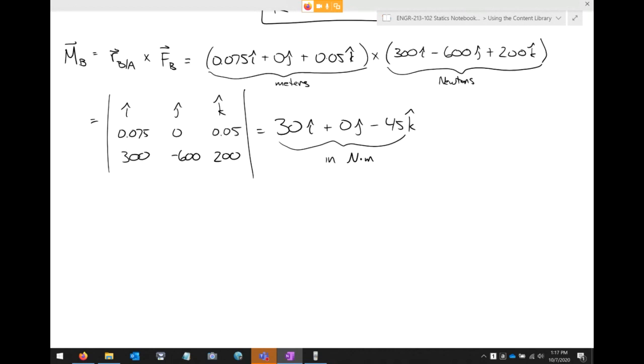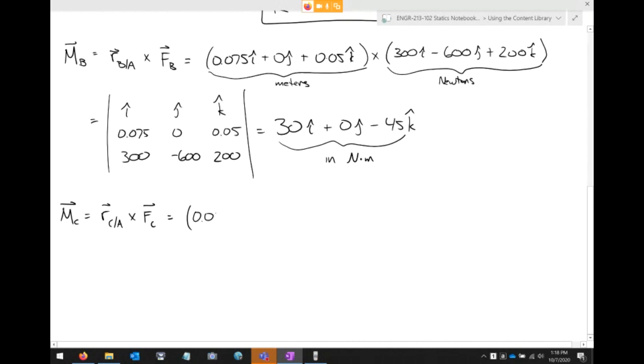Okay, so I did the first one. I'm going to have you all do the next couple. So let's do MC. MC is going to be our R cross F. And again, the real point of what we're doing today is I want to make sure that we're comfortable with the cross product aspect.